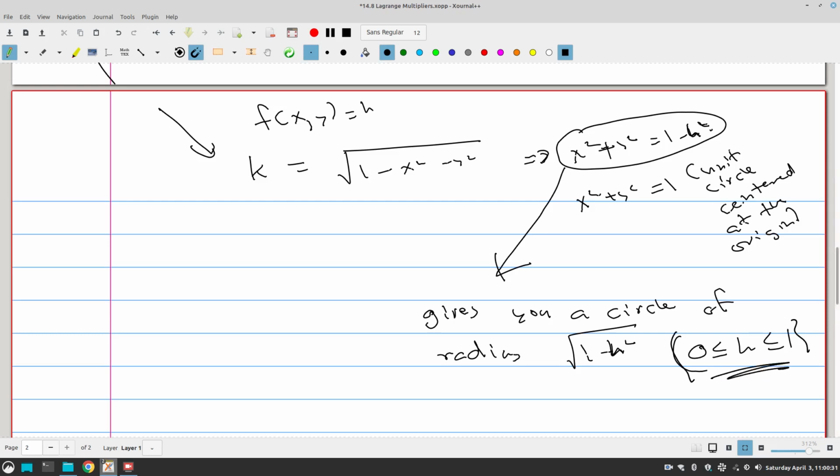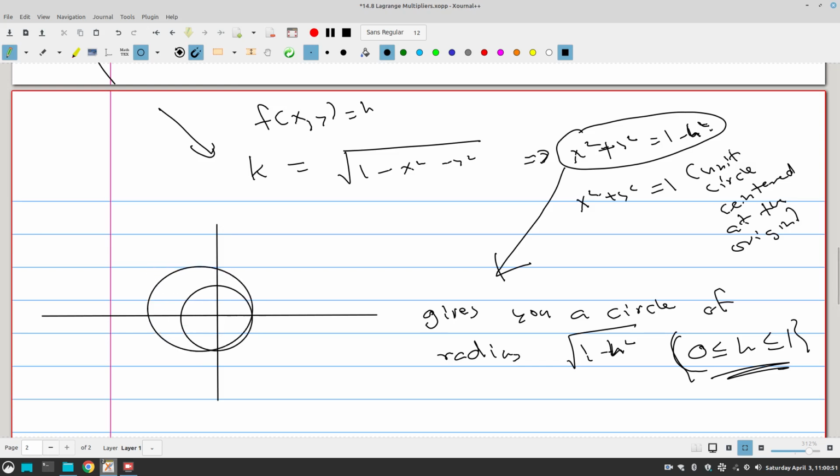Now let's just draw our level curves, right? Sorry about that, that's not a circle. They should be concentric circles, actually. Okay, 2 is enough, I guess.